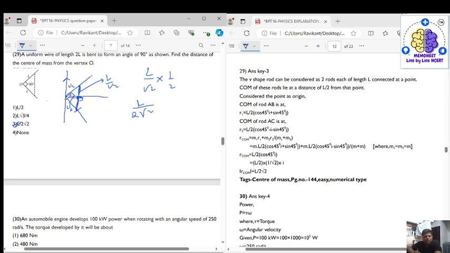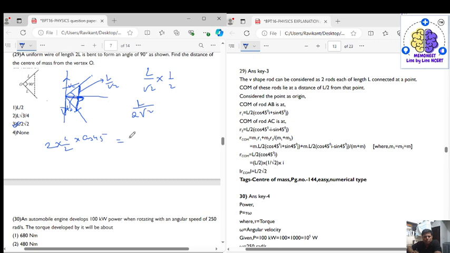Similarly, this will be resolved as L by 2 sin 45 and L by 2 cos 45. L by 2 sin 45 and L by 2 sin 45 get cancelled out because they are in opposite direction. What we are left with is L by 2 into 2 into cos 45. Cos 45 is 1 by root 2.